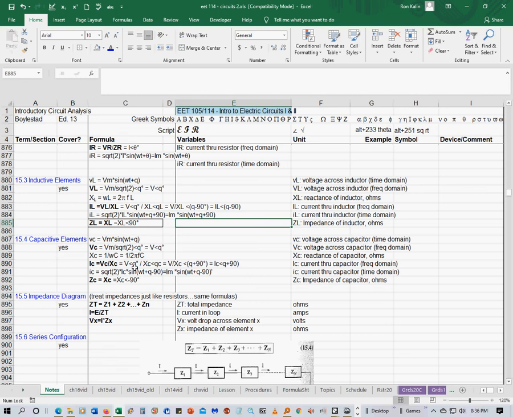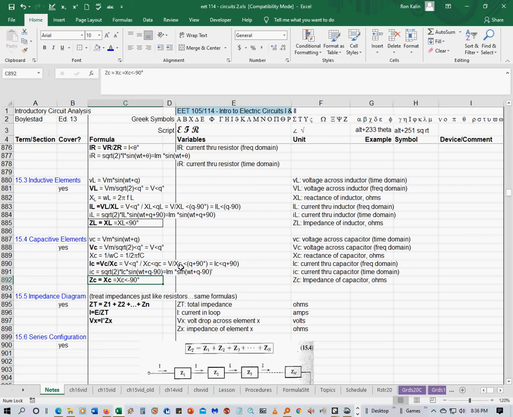So V angle of theta divided by X sub C angle of theta C, you take the V divided by the X sub C angle of Q plus 90, because again, the definition of a capacitor is X sub C angle of negative 90.